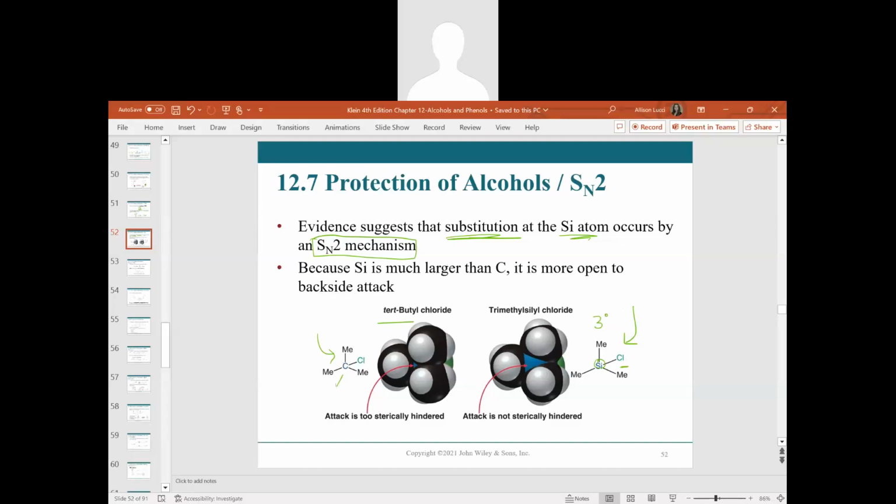Because we have a tertiary alkyl halide, we cannot perform an SN2 mechanism with it. But because the silicon atom is much larger than the carbon in tert-butyl chloride, it can be attacked. It's not sterically hindered. That's why we can use this TMS chloride, but we could not use tertiary reagents in an SN2 mechanism, as we saw previously in chapter 7.